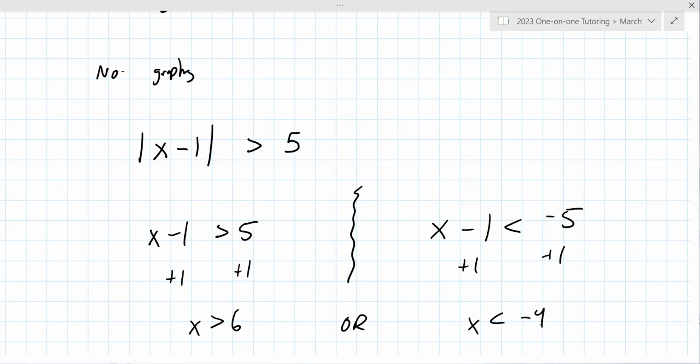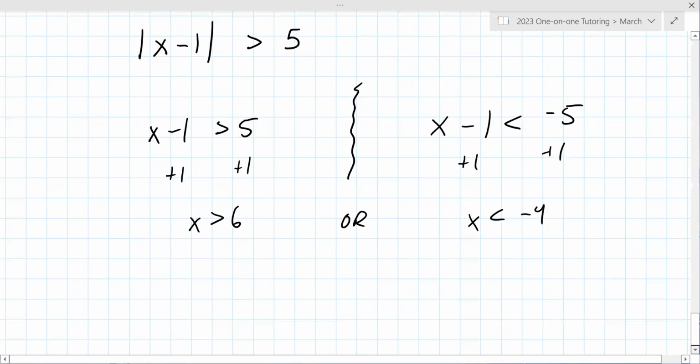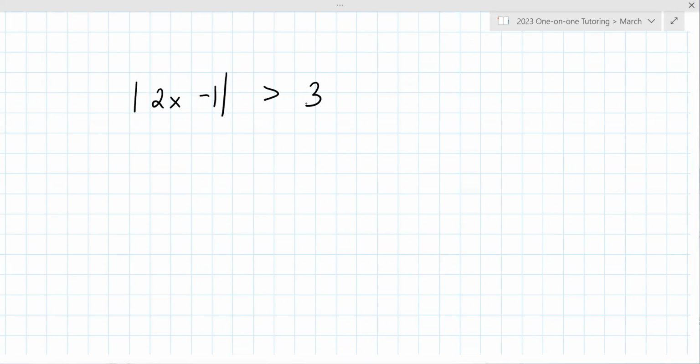Okay. All right. So ready to try one on your own? Yeah. Okay. Let's go absolute value of 2x minus 1 greater than 3. Go ahead and try this one on your own, please. Give me the final answer on there, for both.